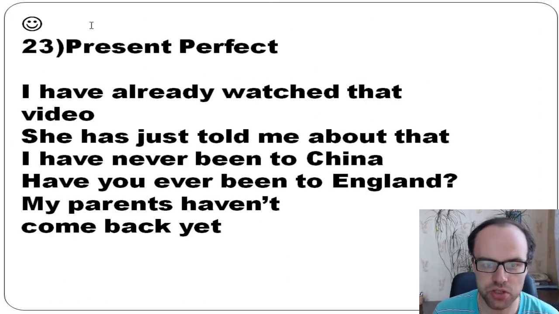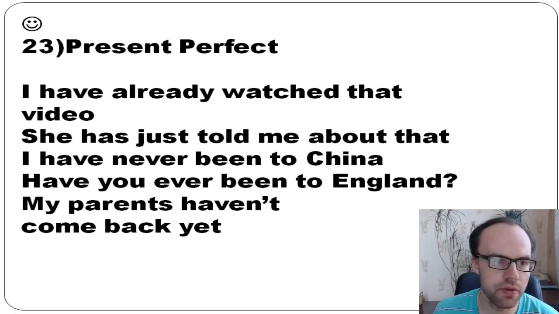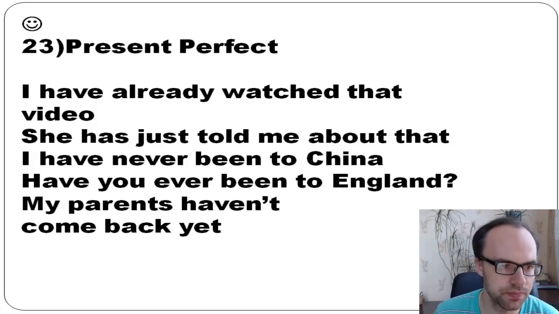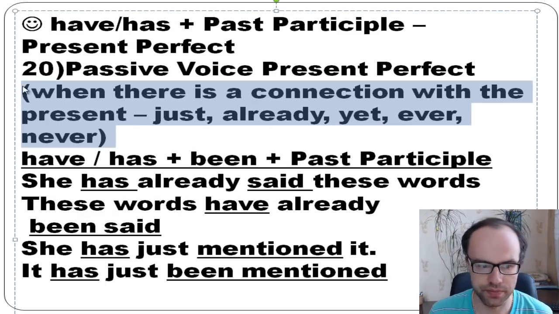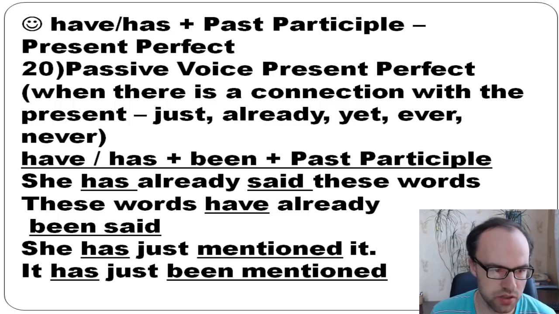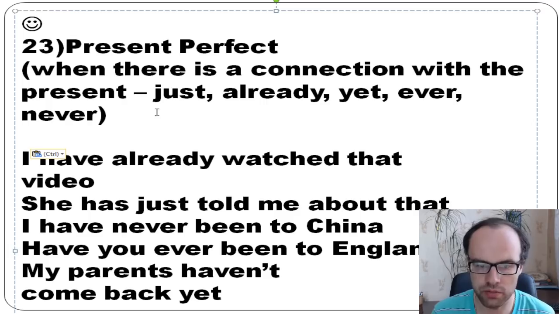Next. So present perfect. We talked about present perfect passive. Let's talk about present perfect. Yeah. So you remember that we use it with such words as, let's look at this information again, one more time.